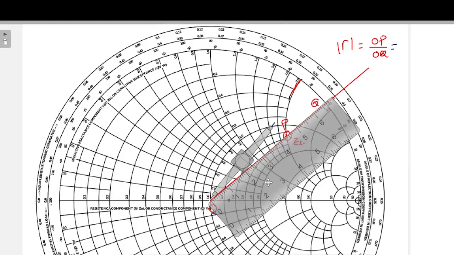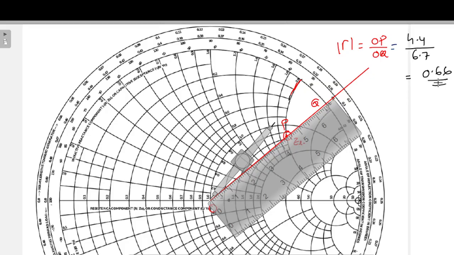It is coming around 4.3 or in between 4.4, so let me take 4.4. So 4.4 divided by this one, 6.7, which we also got in the previous problem, you can refer to that. This value will come around 0.66 or 0.65, so let us take 0.66.